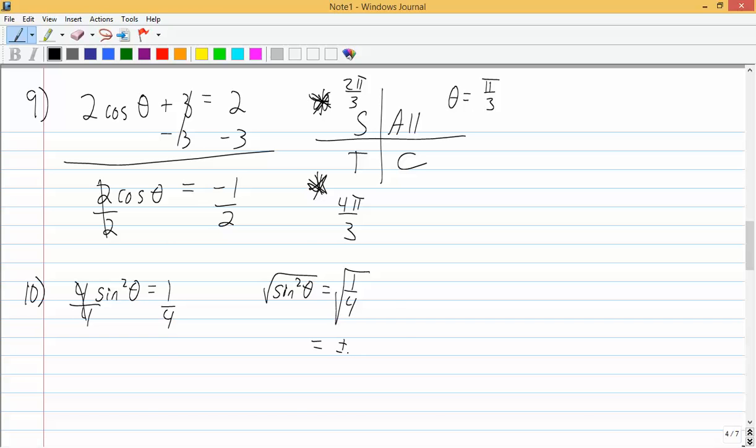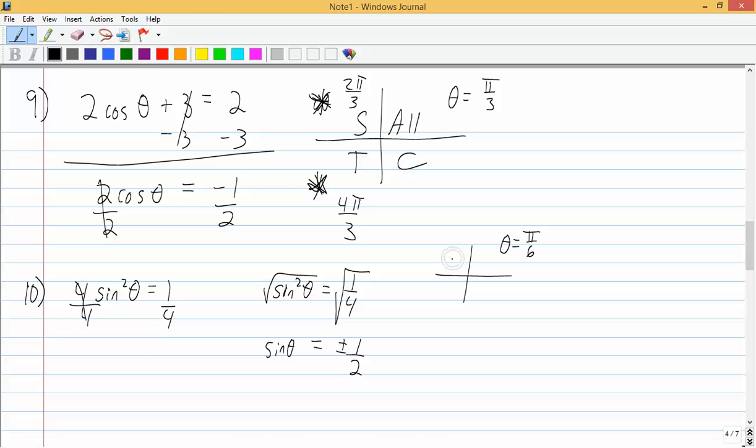You get plus or minus the square root of 1 over the square root of 4, which is 1 over 2. So sine of theta equals plus or minus 1/2. Alright, we know that sine is equal to positive 1/2 at pi over 6.